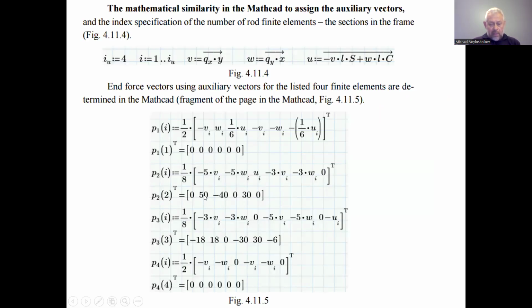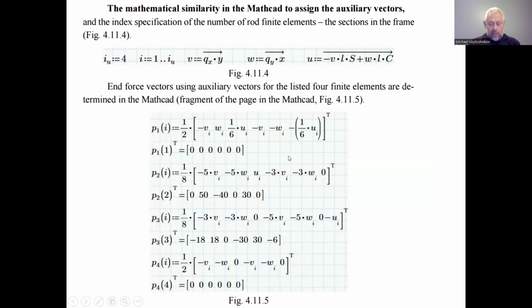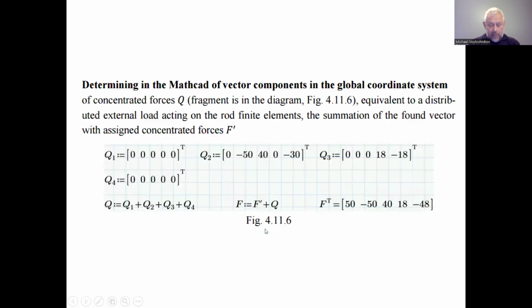So we have the plus, minus, 0, 30, 0. So we have minus, plus, 0, and minus. So instead of 1, 2, 3, 4, 5, 6, we consider only 5. Why 5? We consider defining the elements of the concentrated forces.